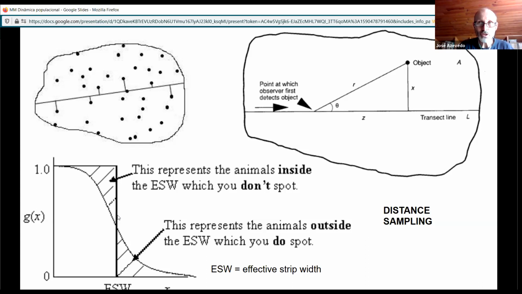how many of the animals you couldn't see because they were underwater, right? So say, for instance, in sperm whales, if you estimate that they spend, say, 30 minutes under the water, and they stay 10 minutes at the surface, then you will only see the animals when they are in these 10 minutes at the surface, right?